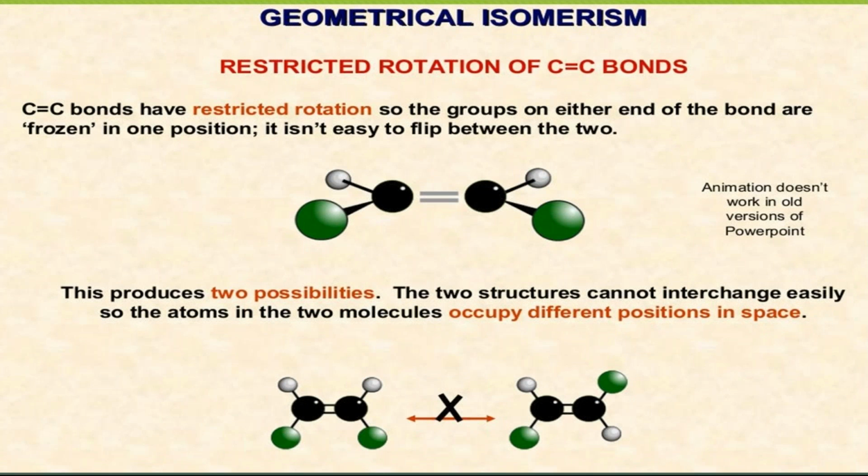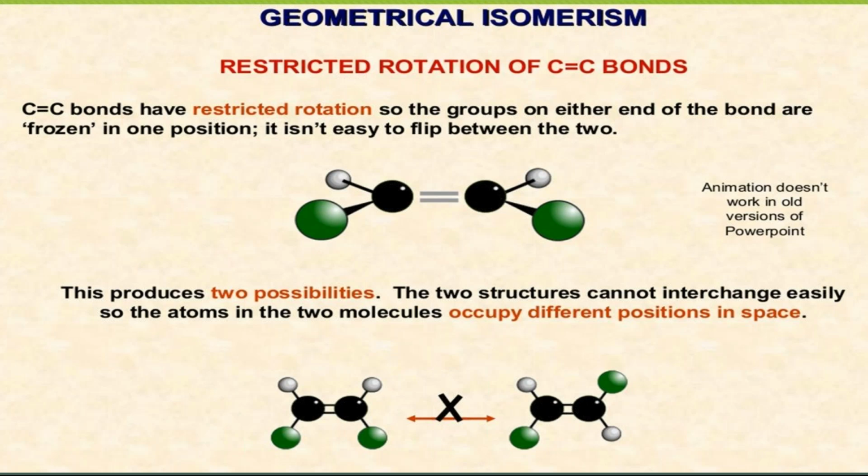But with a carbon-carbon double bond, there is restriction in rotation. So the groups on either end of the bond are frozen in one position, and it is not easy to flip between the two, as compared to saturated, carbon-carbon single bond compounds. This produces two possibilities.